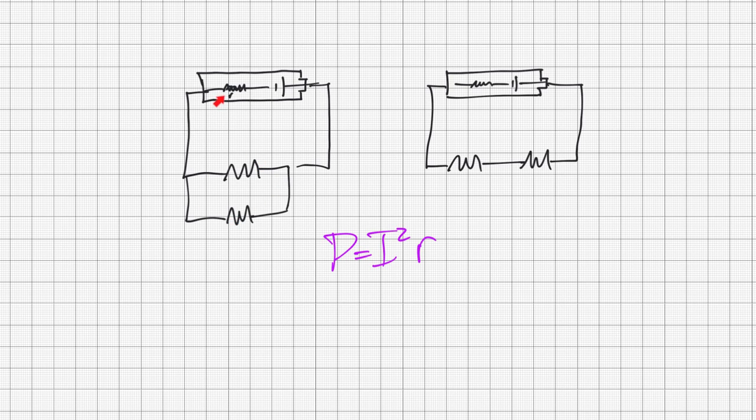So this internal resistance would actually produce or use more power because it would have a higher current, whereas this internal resistance would have less power usage because it would have a lower current. So it's important to understand that the results of these internal resistances will differ depending upon the setup of the circuit.